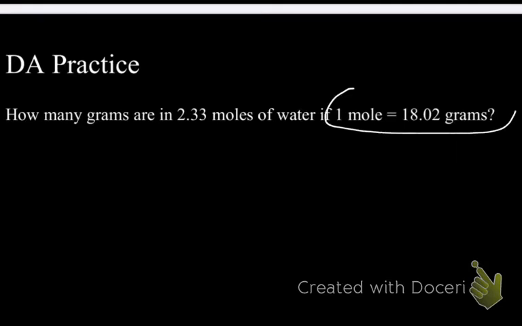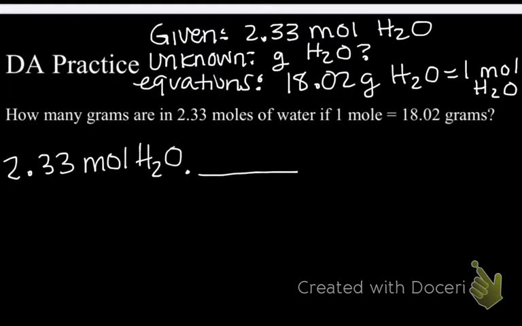So this is my conversion factor. My given is that I have 2.33 moles of water. I want to know how many grams that is. So to set that up, we're going to get organized, write your given, your unknown, what conversion factors you have, and then always start with your given. Okay, so I started off with the 2.33 moles of H2O.